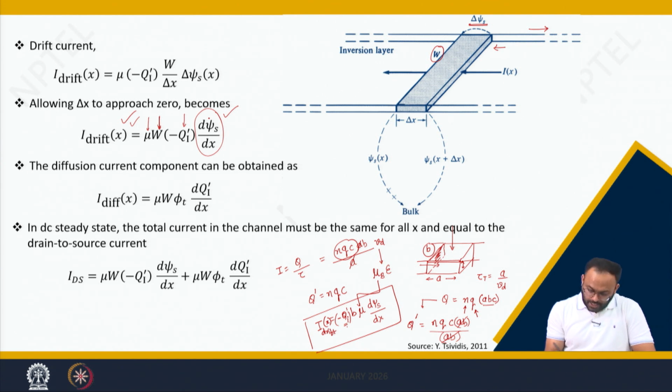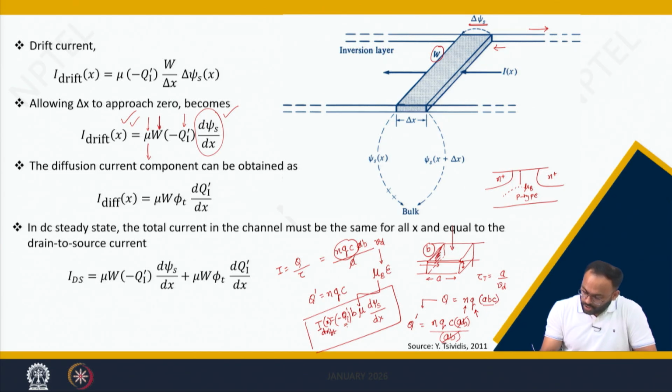The reason for replacing the bulk mobility mu b by mu is as follows. If you have n plus and n plus and this is bulk p type, the electrons move in this bulk with a mobility mu b.